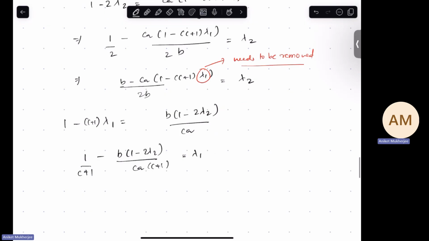That is, lambda 1 equals CA minus B into 1 minus 2 lambda 2 by CA into C plus 1.